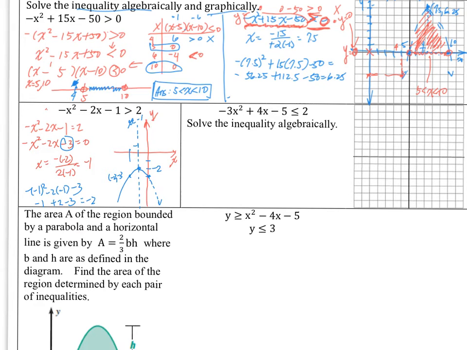As you can see, after we graph this dashed parabolic path and do the shading, we test 0, 0. 0, 0 is not a solution, so we should shade on the inside.